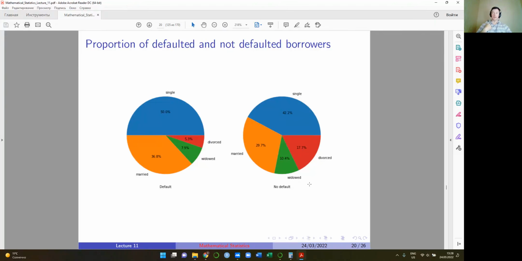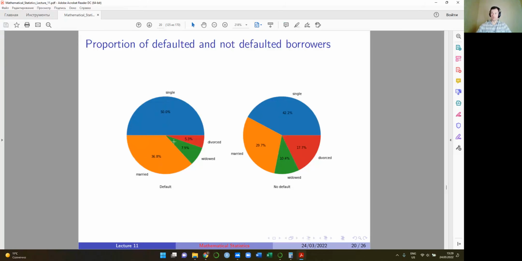Once again, as in the first example, we see from this picture that we can assume that single people and married people probably have higher chances to default on their loans, right? So why do we want to know this?